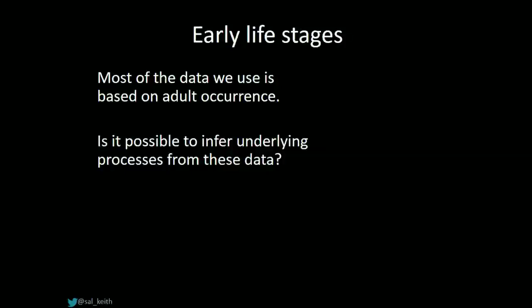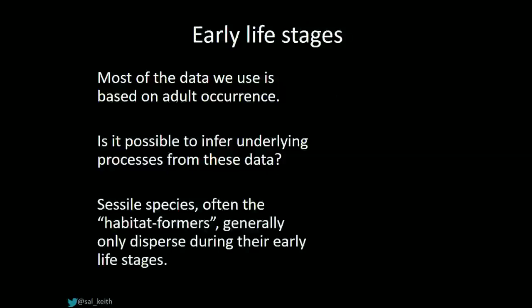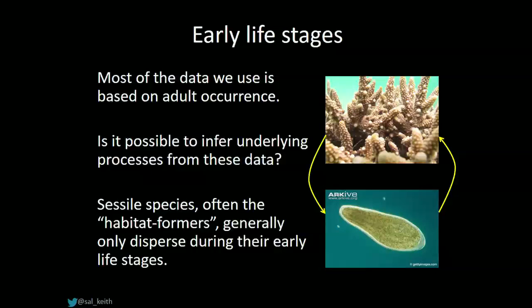So, is it possible to really infer underlying processes from these data? Can we say anything about dispersal or reproduction if we're looking at adult occurrence data? This is particularly important for sessile species, which are often the habitat formers. Corals and plants don't move around once they're there. So a lot of what determines where they are happens early on. So we need to think about things like corals and their larvae.